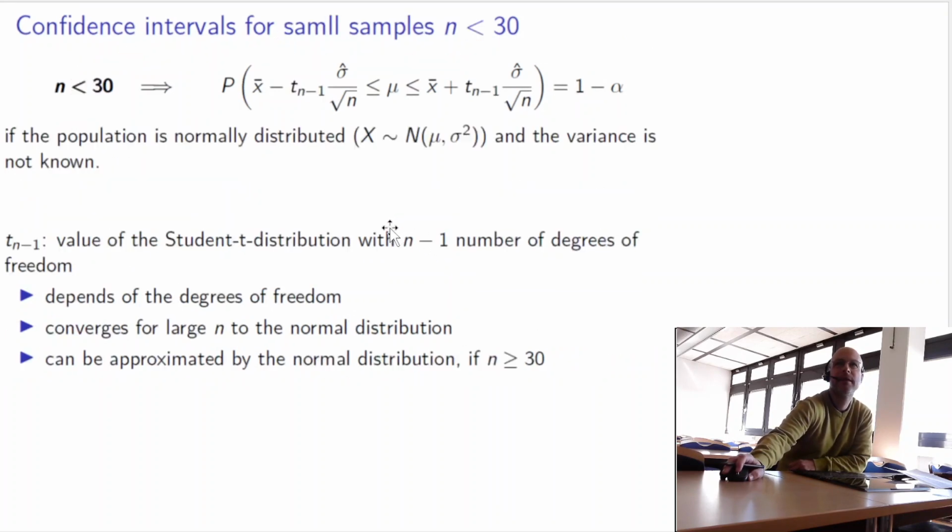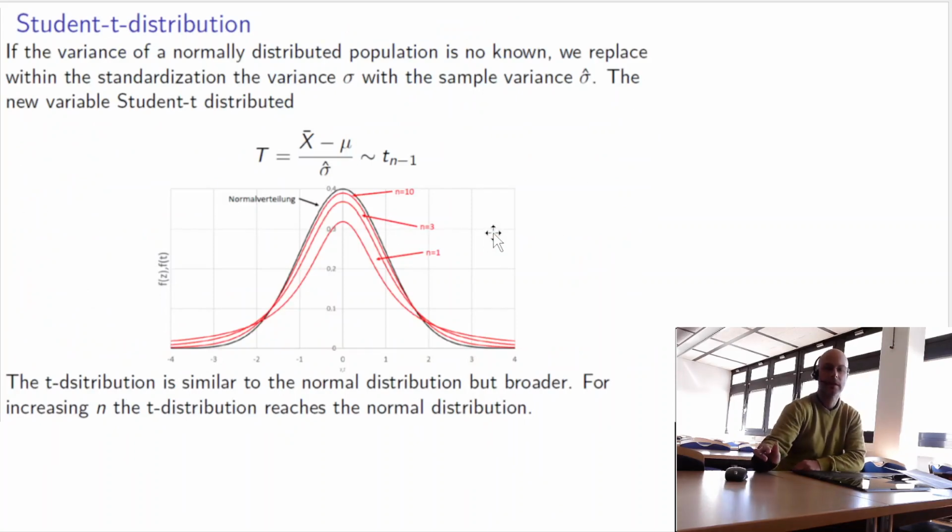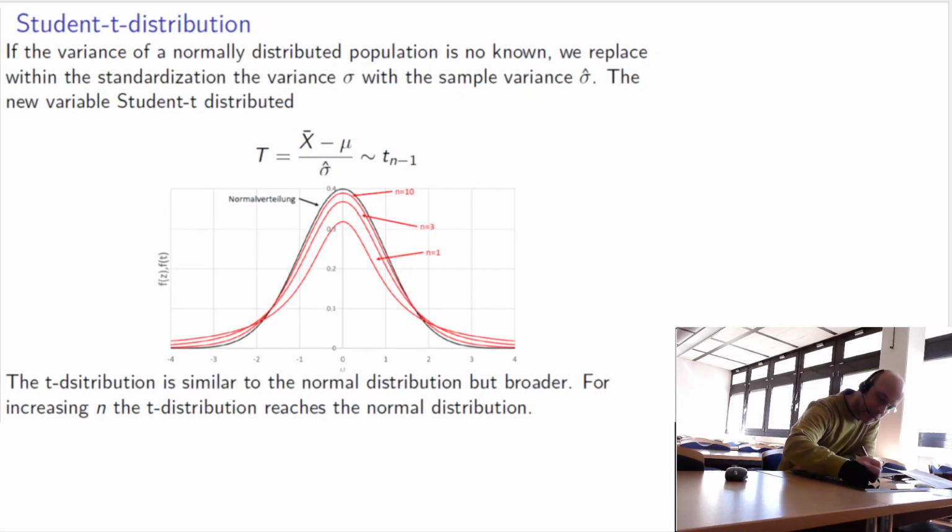And from this t-distribution, we can see that the larger the sample size is, the closer we are to the normal distribution.